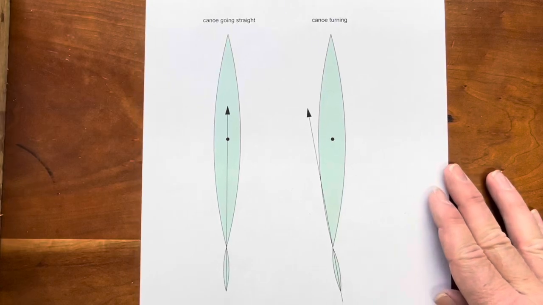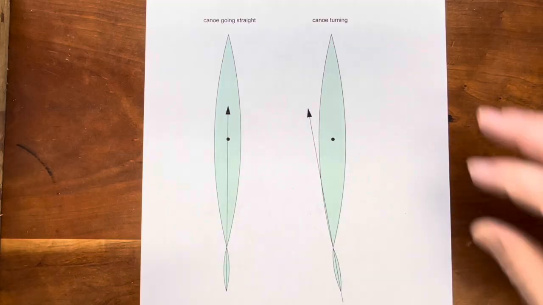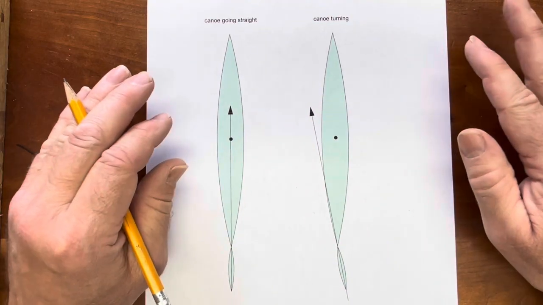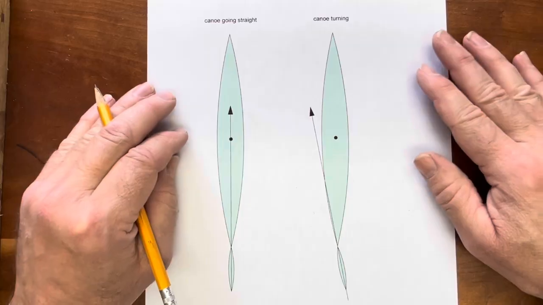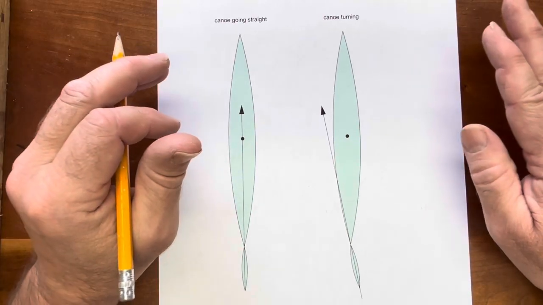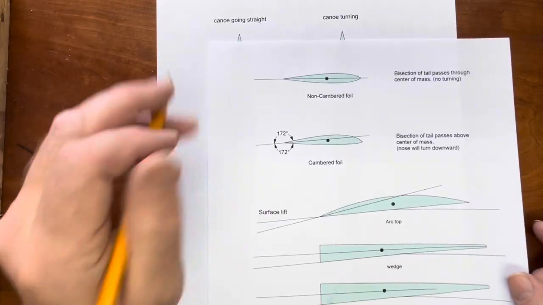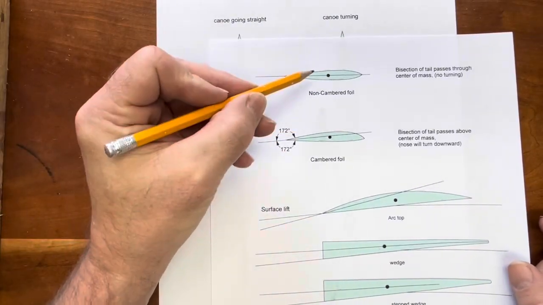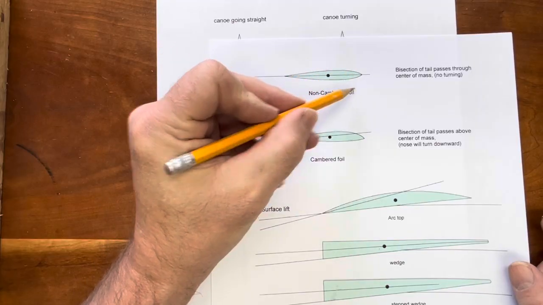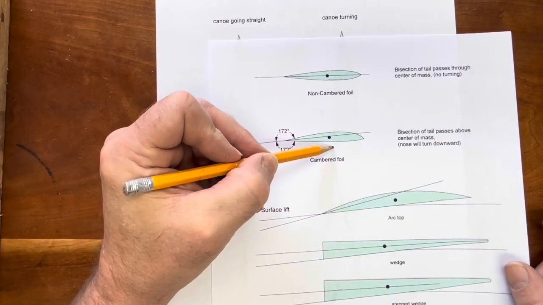Mark Blomquist here. I just wanted to do one more scientific video going over what makes something turn. A lot of people, when they think of an airfoil, think of pressure difference and the velocity of the fluid over one side as opposed to the other.